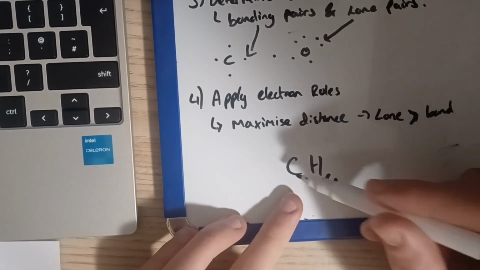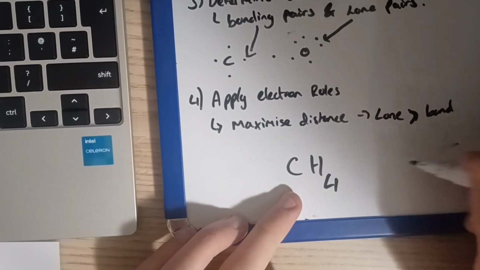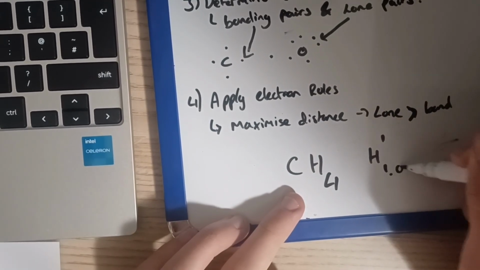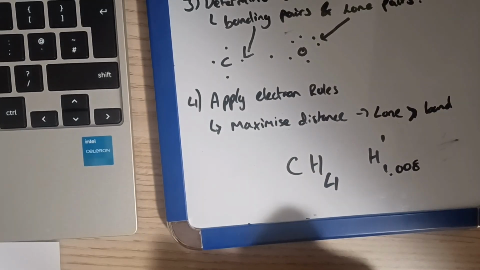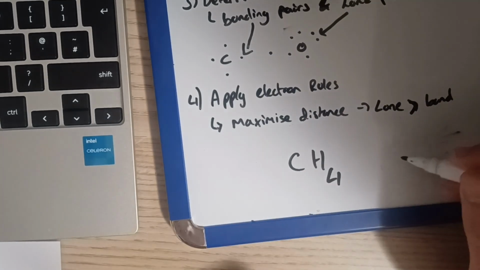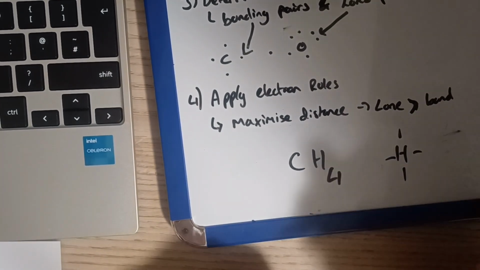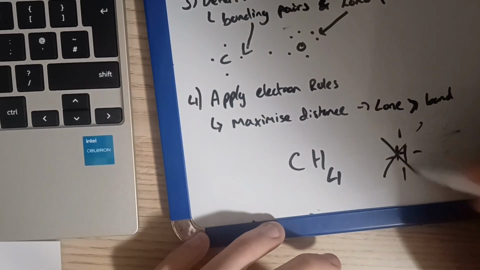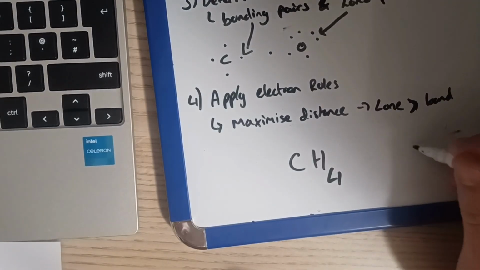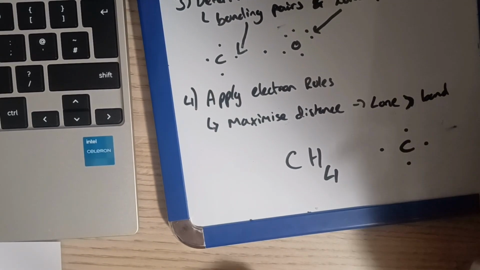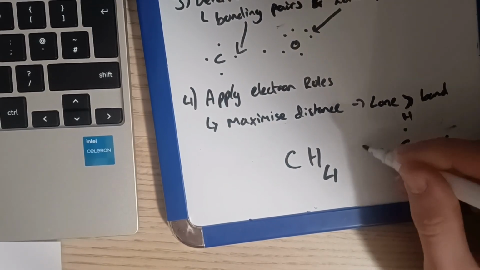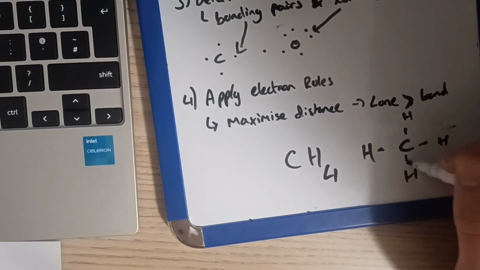How do we know that carbon is our central atom? Because hydrogen only has the 1 electron to bond with. So hydrogen can't make 4 bonds, as it only has 1 electron, whereas carbon has 1, 2, 3, 4 electrons, meaning this has to be our central atom.